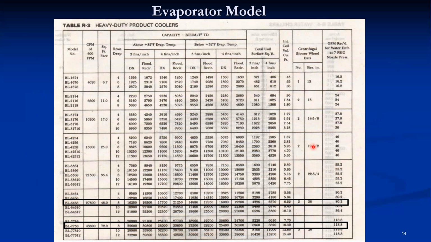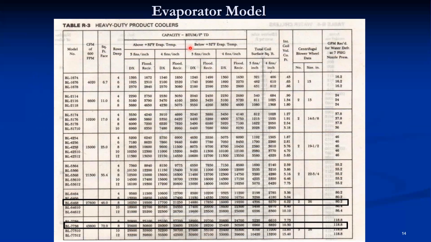Such kind of catalogs are available with the manufacturers of the evaporator. So this is a sample catalog. So the model numbers are given. Then what is the CFM? Then what is the face area? Then what are the rows there? So as far as possible, low rows are recommended to have a low fan pressure. So 4, 6, 8 rows are given.